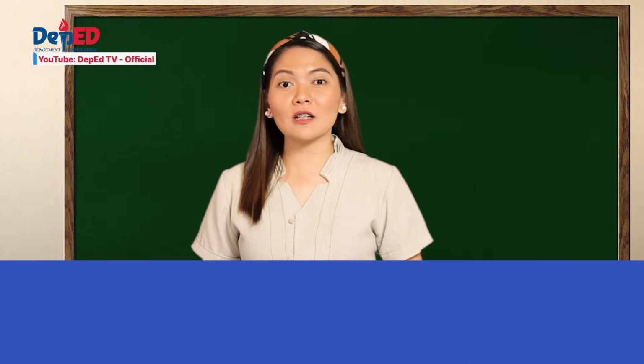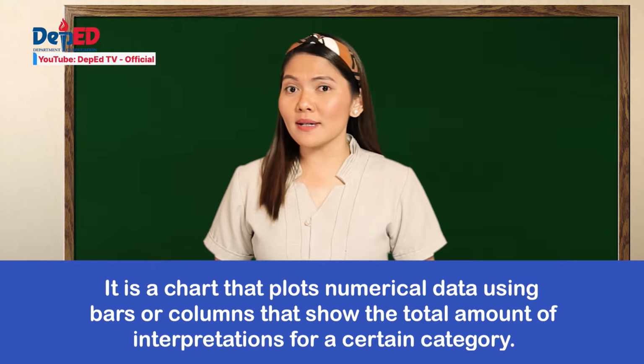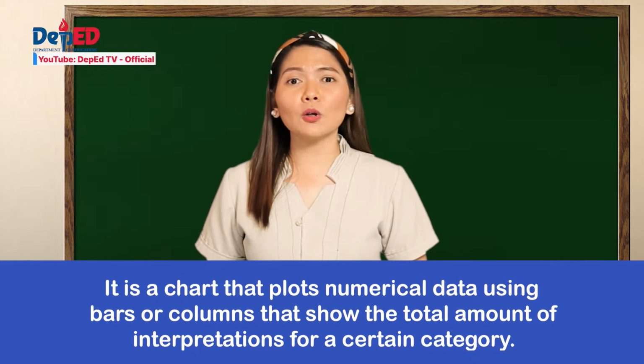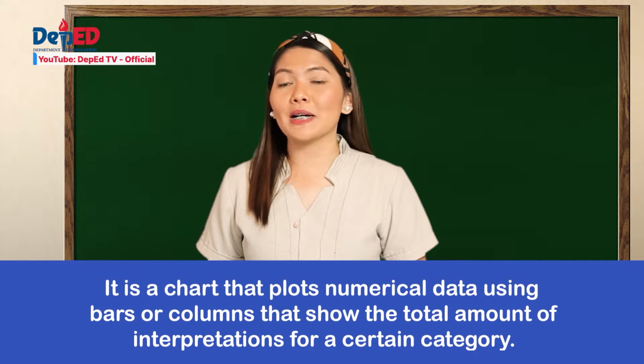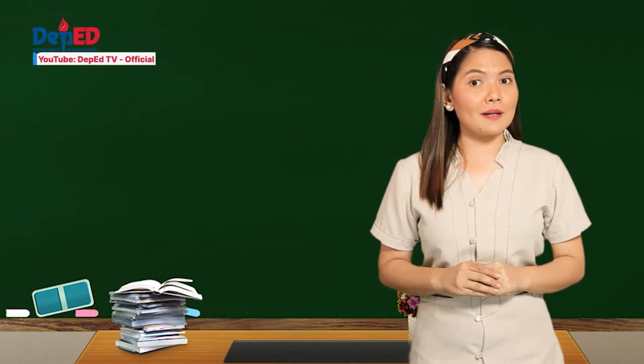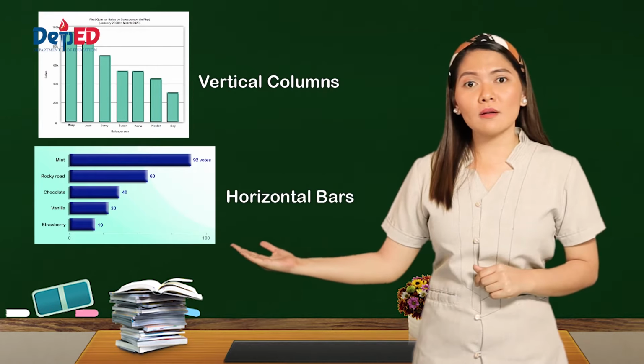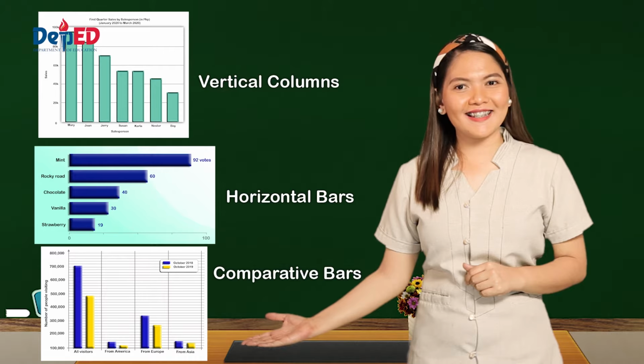A bar graph is a chart that plots numerical data using bars or columns that show the total amount of interpretations for a certain category. It can be represented with vertical columns, horizontal bars, or comparative bars.